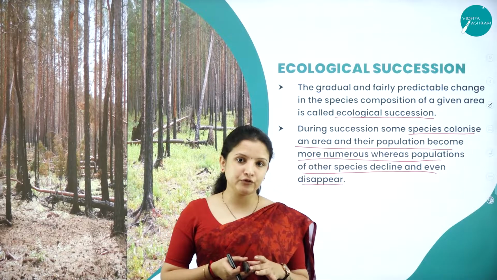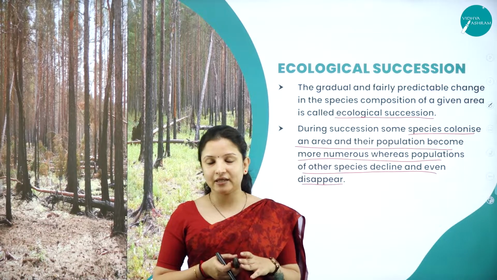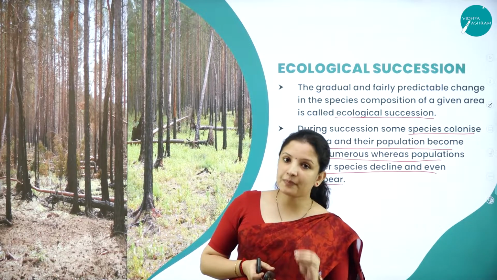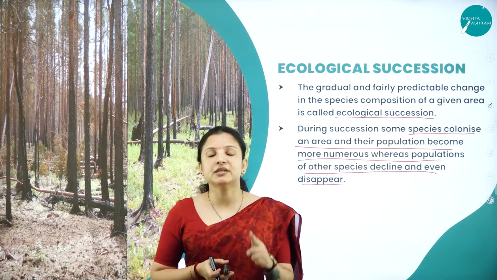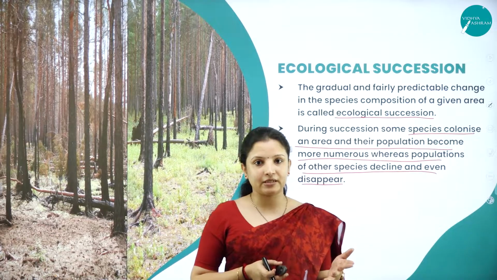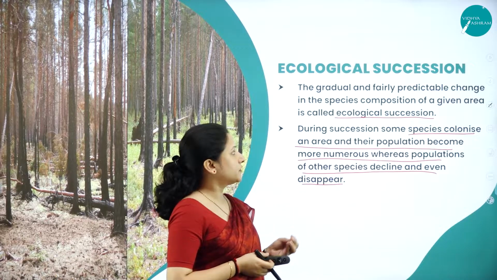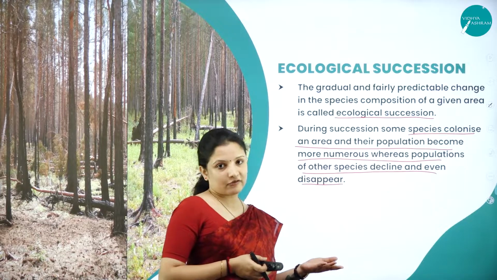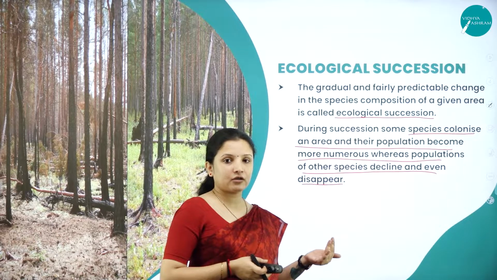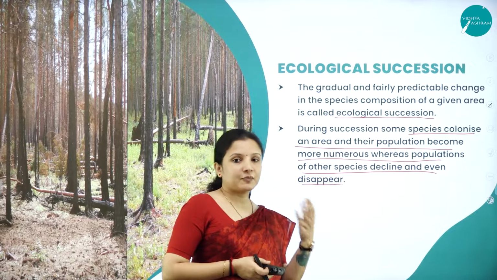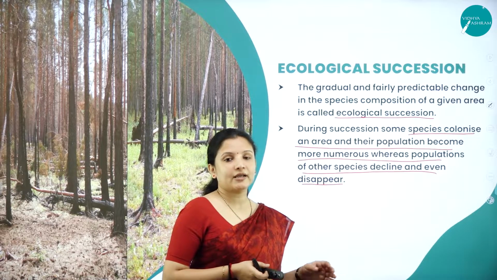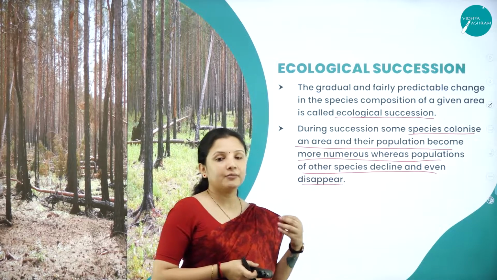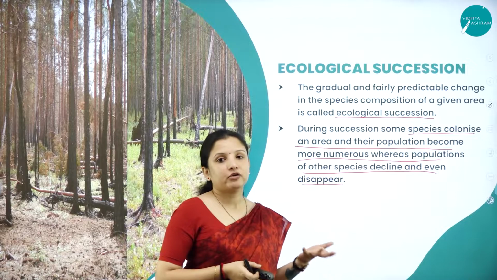But after a few years, when you go and see, those trees would have completely disappeared, and in their place grasses, shrubs and herbs would have occupied the area. That is one of the properties of ecological succession, where earlier one species would have been there, but the other species which started growing will occupy and colonize that area completely, becoming more in number when compared to the pioneer species.